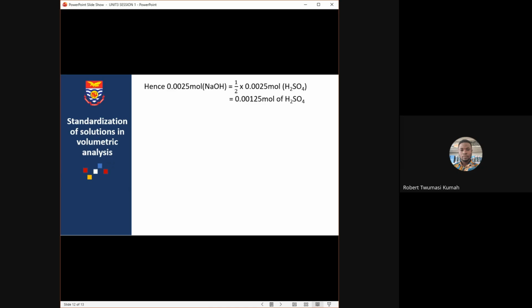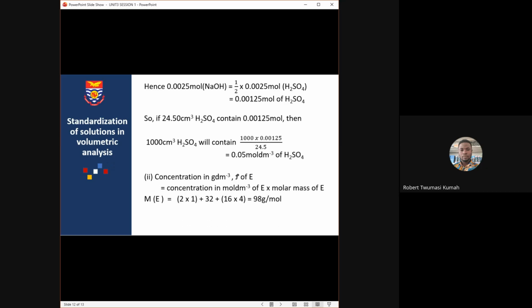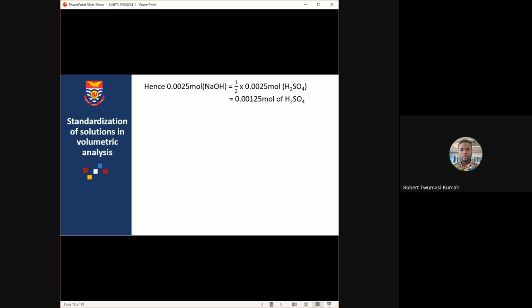Since the reaction is between 25 cubic centimeters of the base and the average volume, that's the titer, and our titer was 24.5.